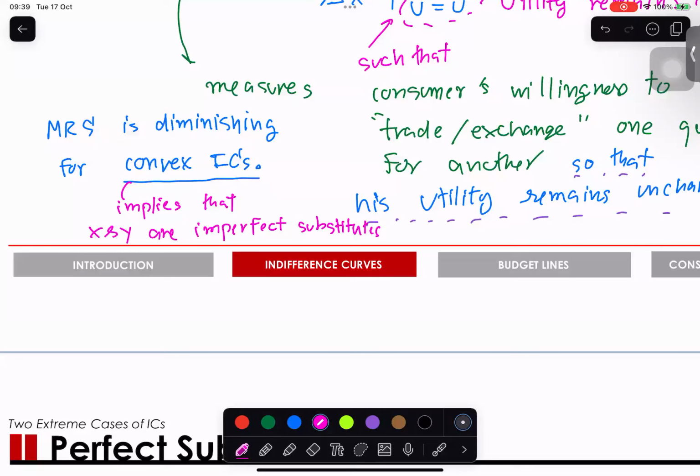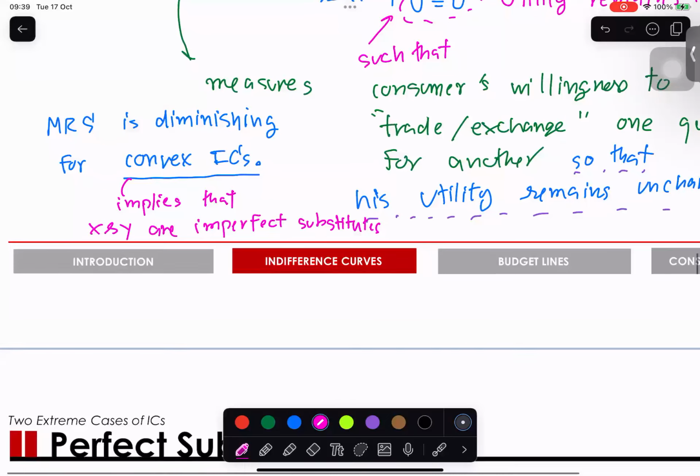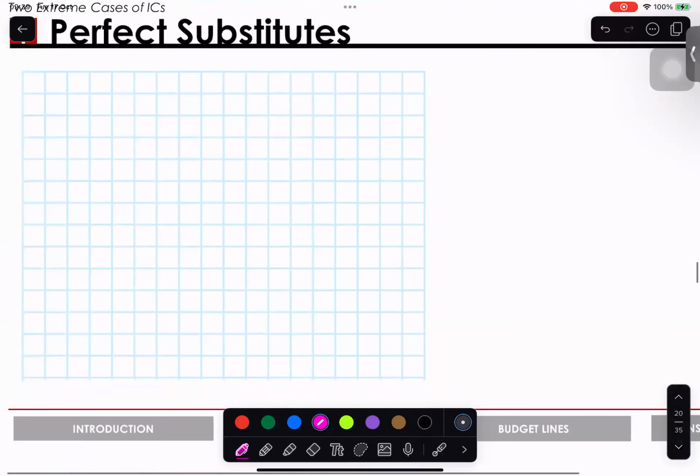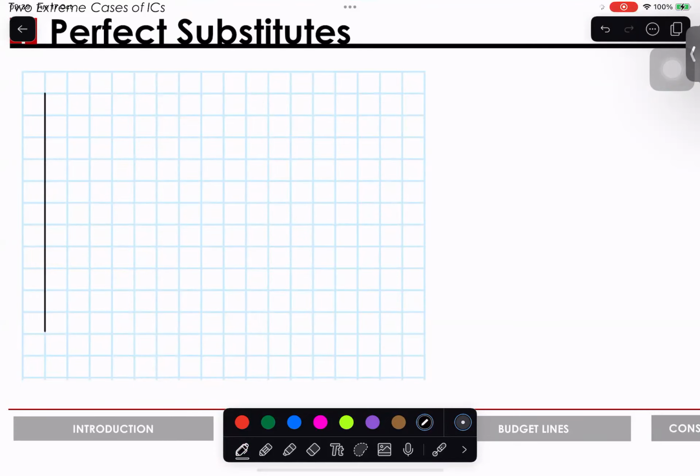How about perfect substitutes? Then the IC would not look like this. Let's take a look. If the two goods are perfect substitutes, how would the IC look? Let's check. As we know, the indifference curve is a tool to describe a person's preference.